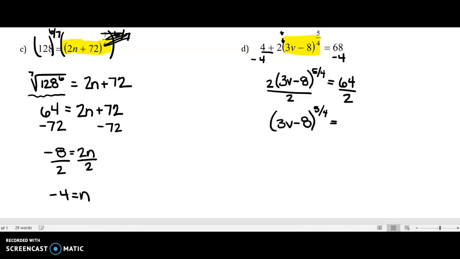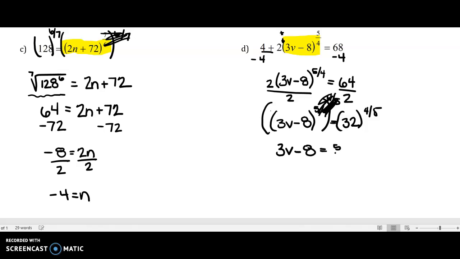And that gives me 32. Now this is isolated. So I'm going to undo it by raising it to the reciprocal, which is 4/5, both sides. That has been undone. So I'm left with 3v minus 8.